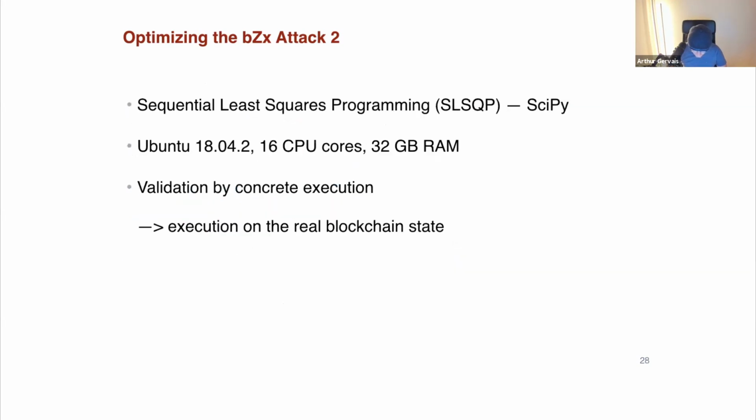So if we solve this, you can basically encode this quite simply in SciPy. We used SLSQP on a relatively standard Ubuntu machine, and we then validated the parameters that we found through a concrete execution on the real blockchain state.